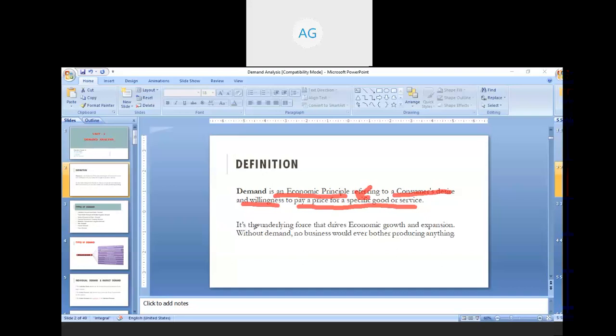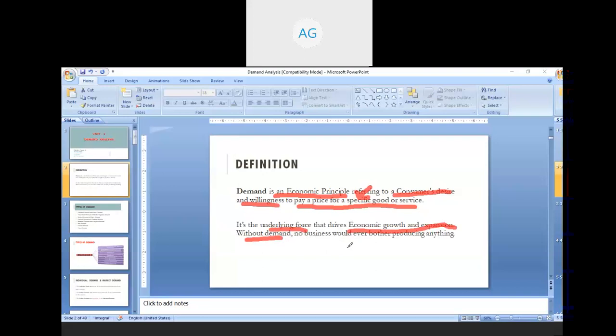The second point is that it's the underlying force that drives economic growth and expansion. Without demand, no business would ever bother producing anything. Without any demand, nothing will be produced and nothing will be supplied.